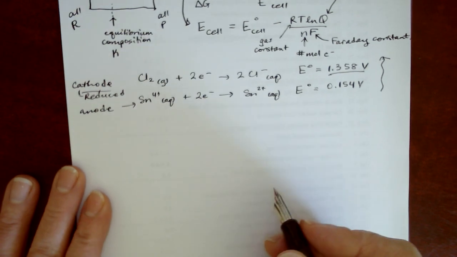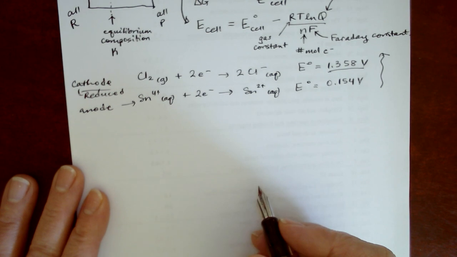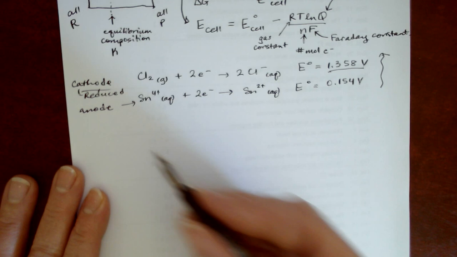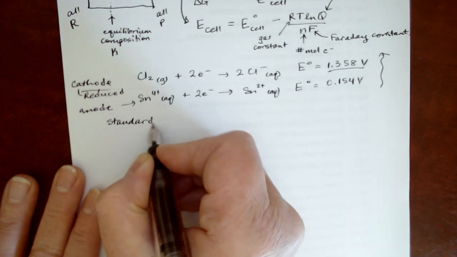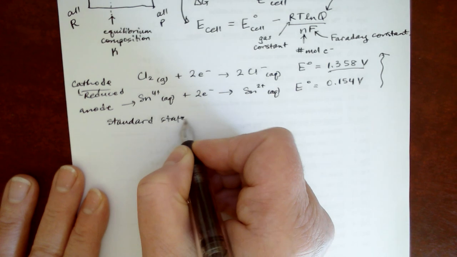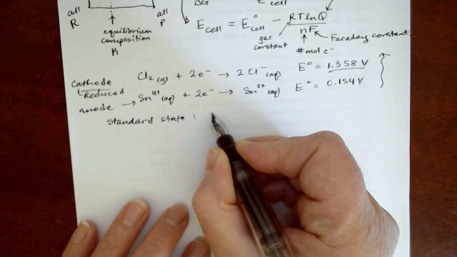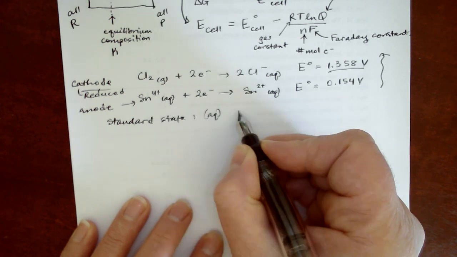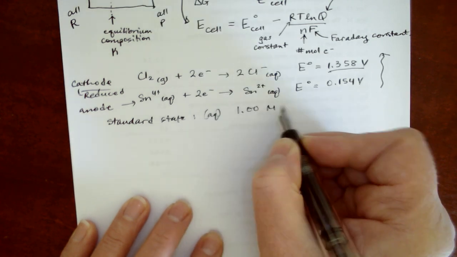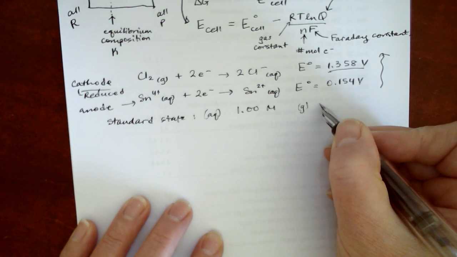Okay, so we're going to go ahead and see how much difference it makes if we change the concentrations from standard state. So remember, standard state means that for anything that is aqueous, the concentration is going to be 1 molar, and for gases, it's going to be 1 bar.